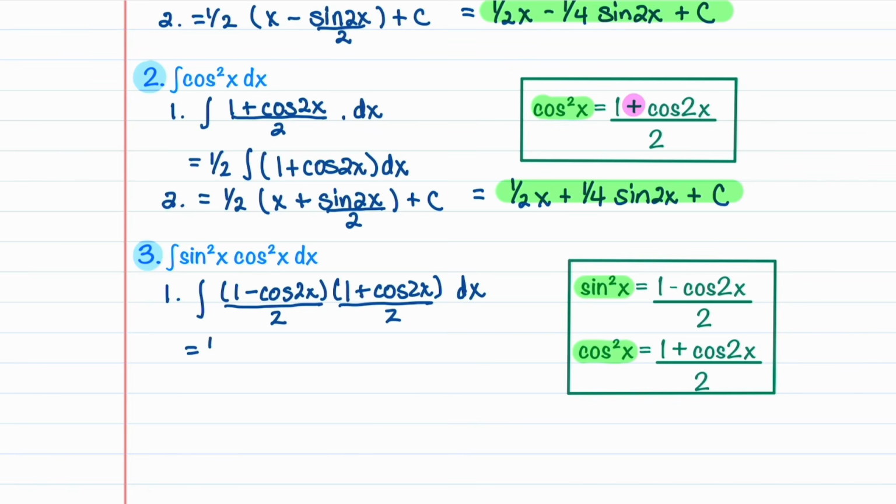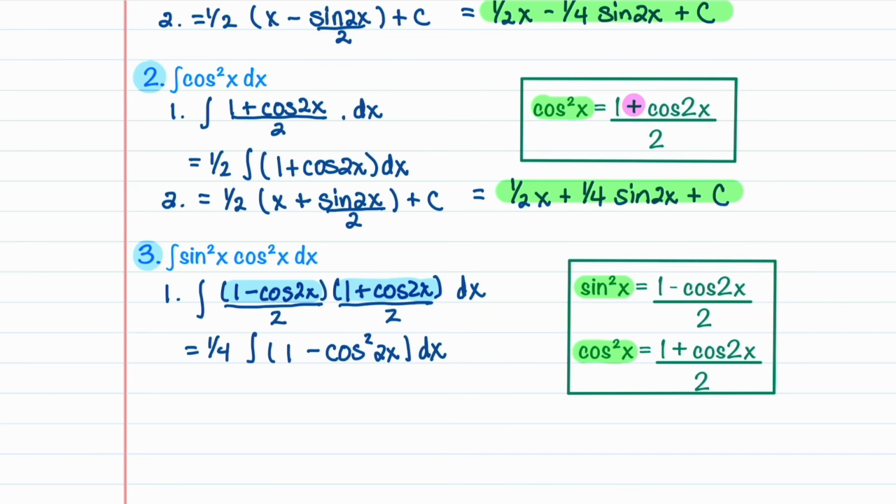Let's pull the 1/4 out in front, and then multiply these two quantities right here. This gives us a 1, and then notice the middle terms cancel out. That's really nice. And then we have a minus cosine squared 2x dx.